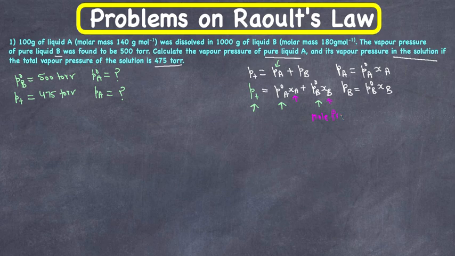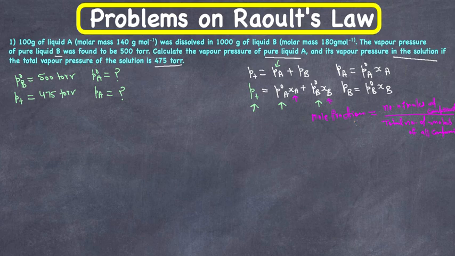So mole fraction is equal to number of moles of component divided by total number of moles of all components.